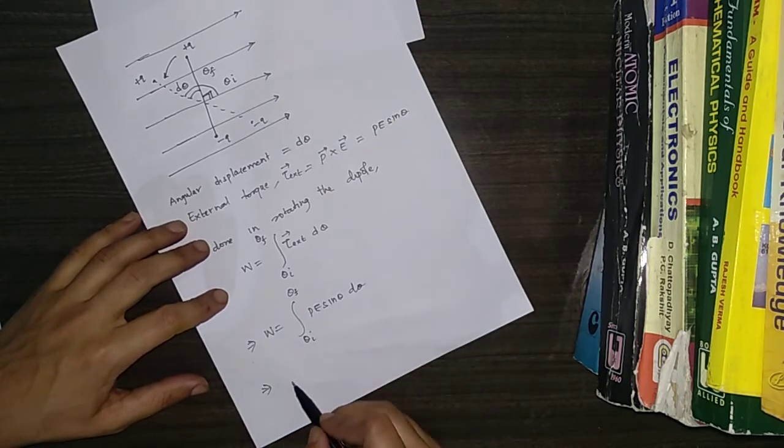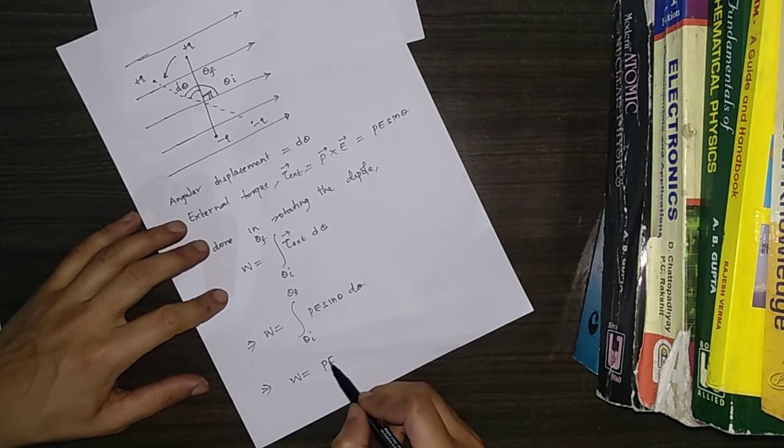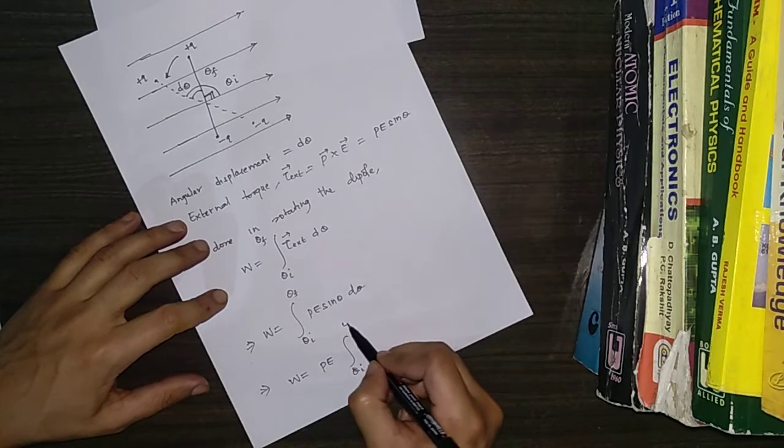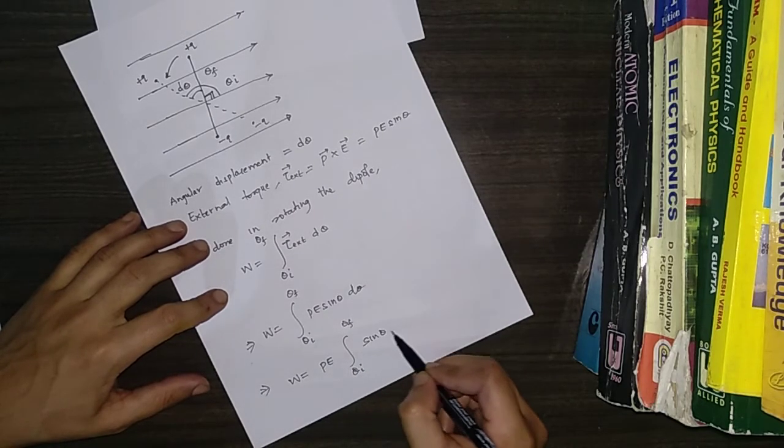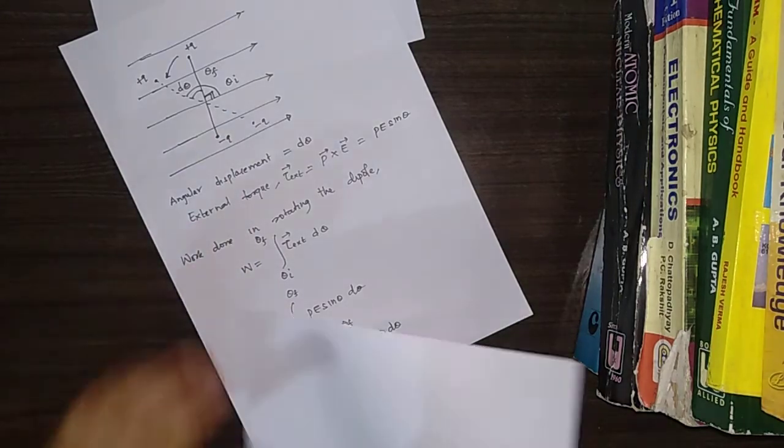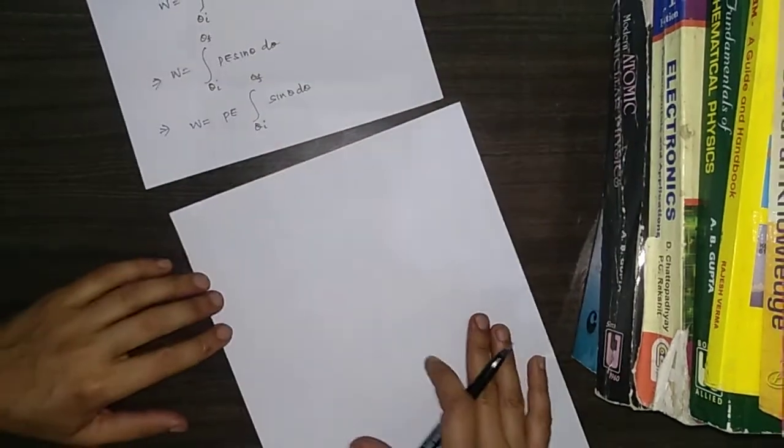Now PE is a constant in this case, so it comes outside. The integral from theta I to theta f of sine theta d theta: the integration of sine theta d theta is minus cos theta.